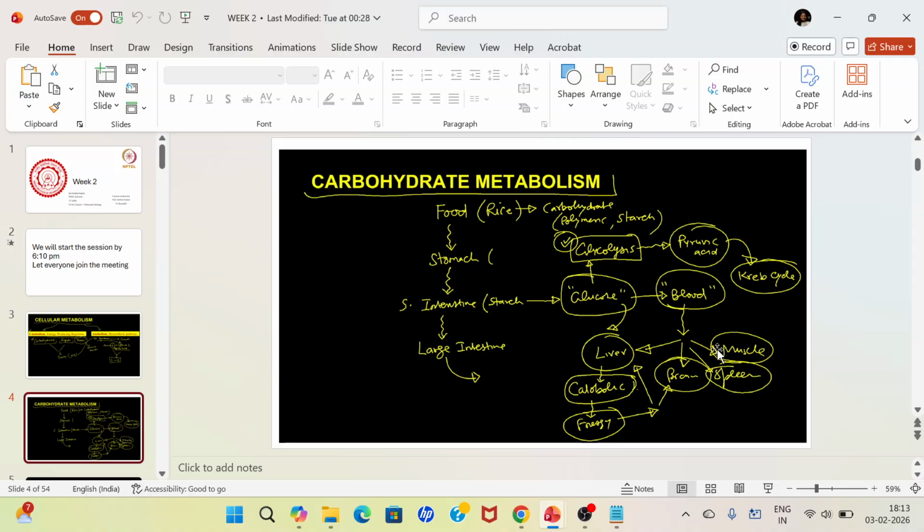These glucose molecules are then absorbed from the small intestine into the blood, and from there it is decided whether it should be stored inside the liver in the form of glycogen, or utilized to generate energy, depending upon the requirements of the cell, the requirements of the body, or the various signals present inside the blood.